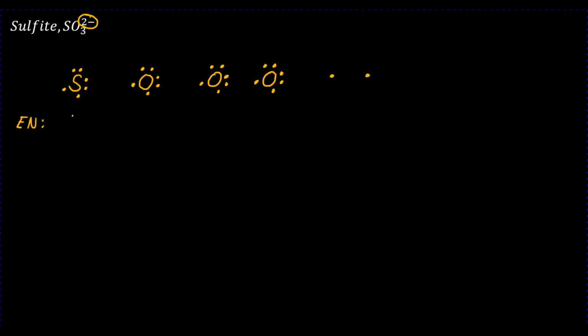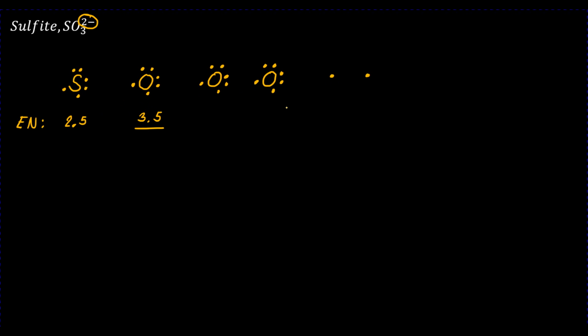Electronegativity is the tendency of the element to attract electrons to itself. For sulfur, the electronegativity value is 2.5. For oxygen, it's 3.5. The higher the electronegativity, the more capable the element is of attracting electrons to itself.